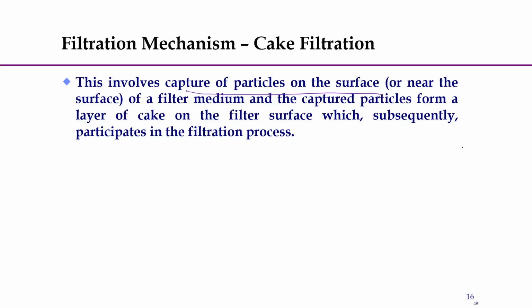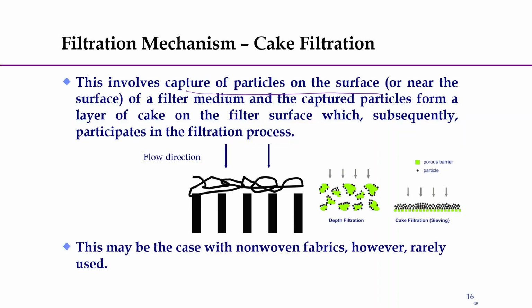So, cake filtration, if you see here, the capture of particles is on the surface. Like this is a porous medium and the particles are captured on the surface. So, cake formation is there, and this cake acts as an additional filter medium.